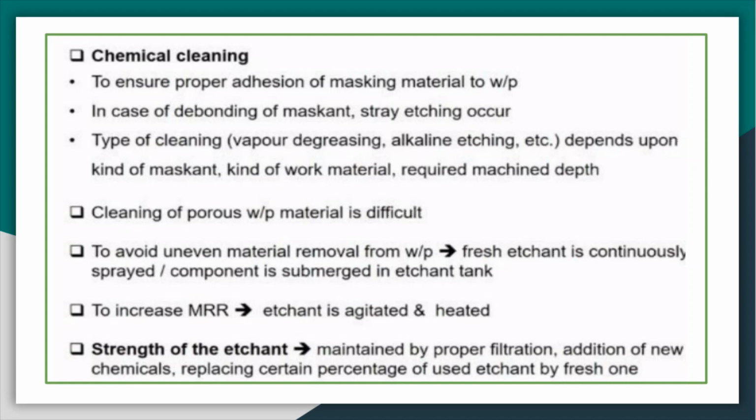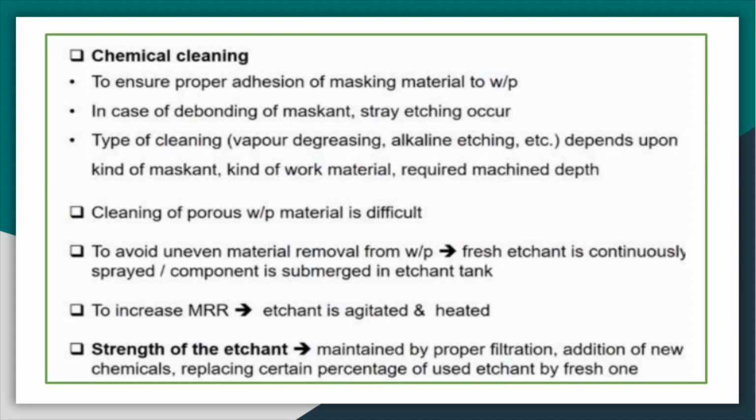To avoid uneven material removal from the workpiece, for precision we have to either continuously spray the etchant or submerge the component in the etchant tank. Again, to increase the material removal rate, the etchant is agitated, and if necessary we have to heat that etchant also.